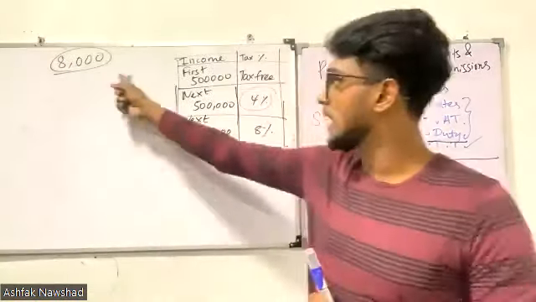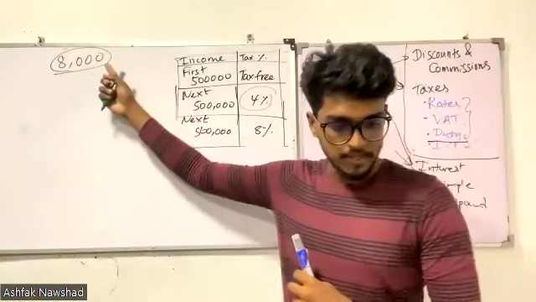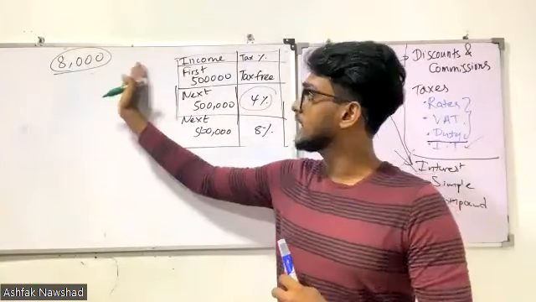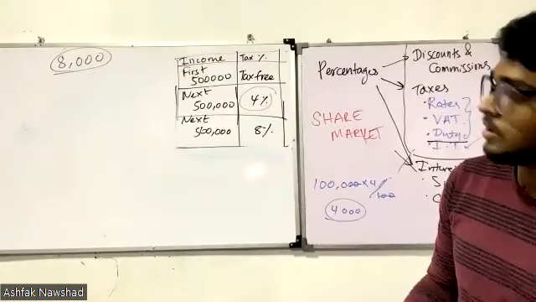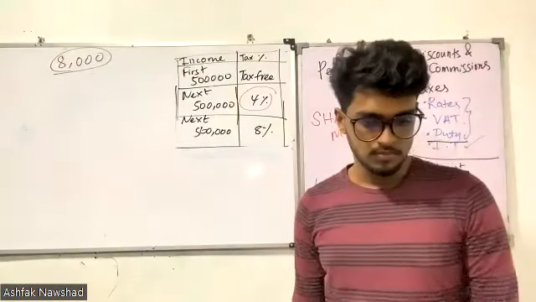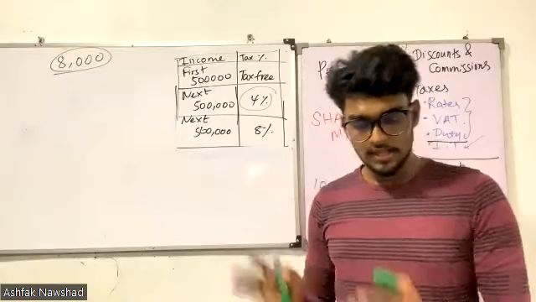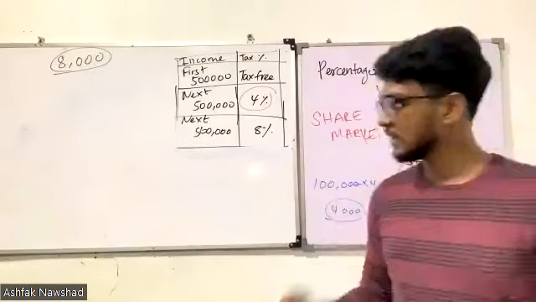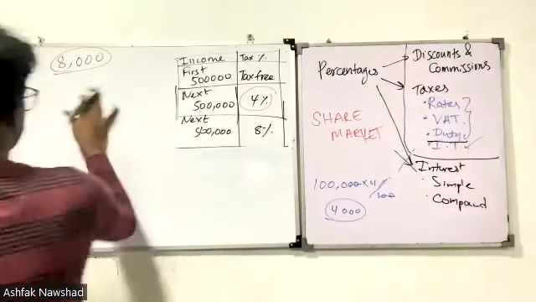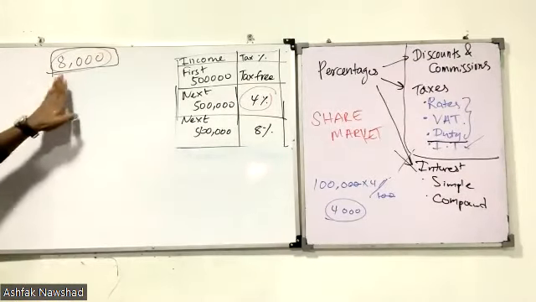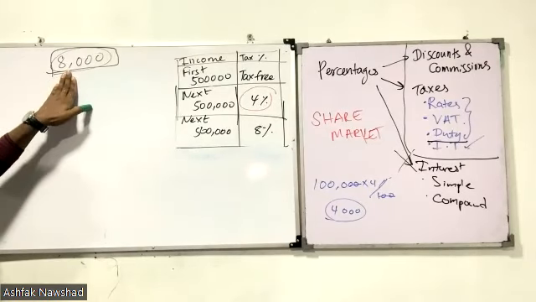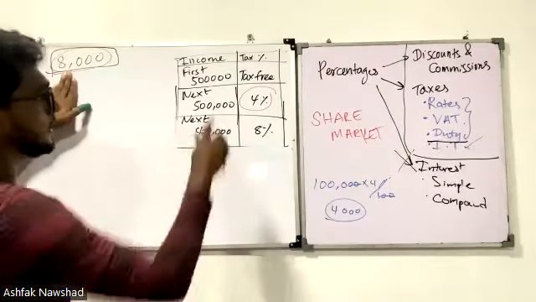They give you the income tax. The person pays 8,000 as income tax, and they ask you what is his income. Right? I'll do this. See how to do it. It's pretty easy. They have given you the income tax. He pays some income tax. So let me know if that's clear.